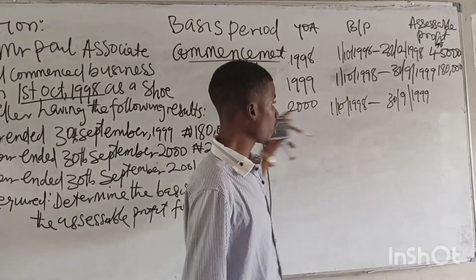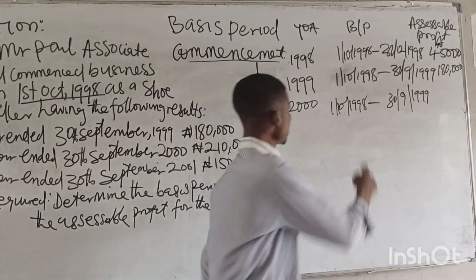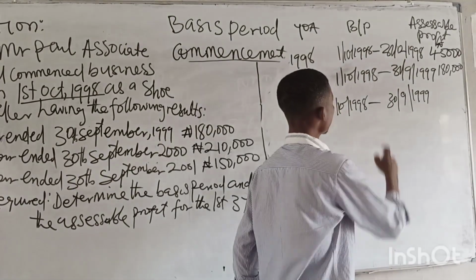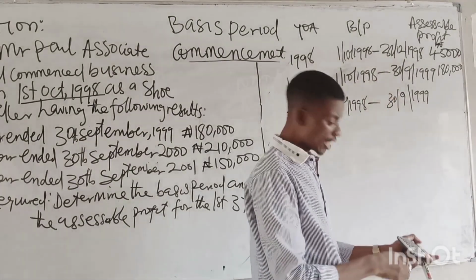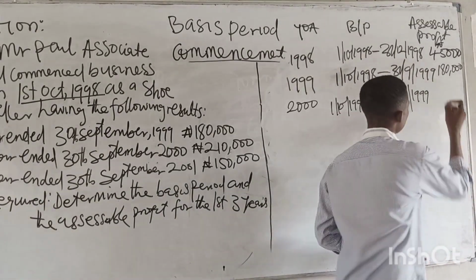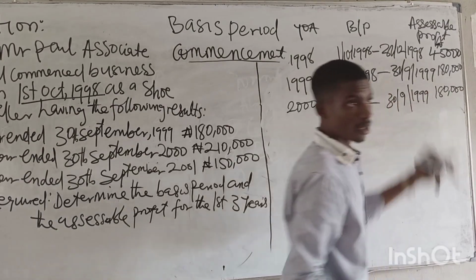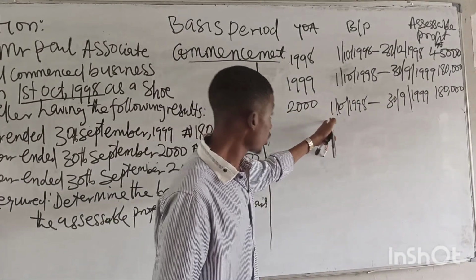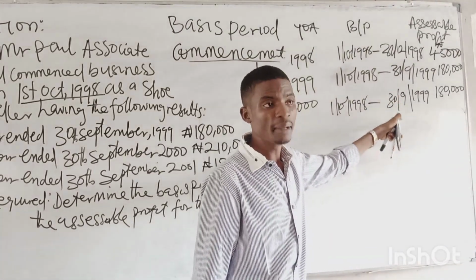Then we go back to the question and look at where we see this basis period. You can see that this basis period and this one are the same. So the assessable profit for both the second and third year is still going to be 180,000 naira. Take note that the third year is always calculated on a preceding year basis.